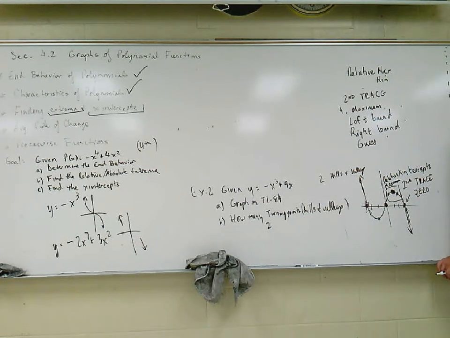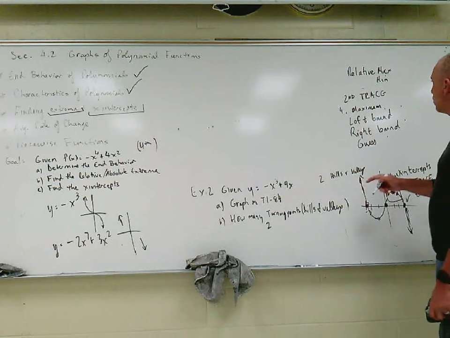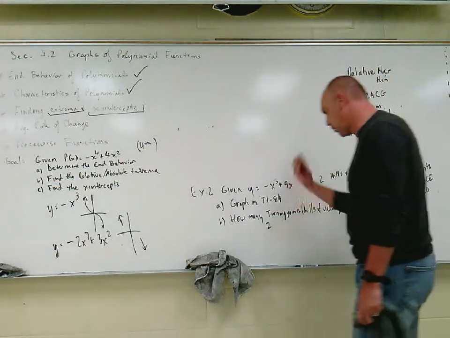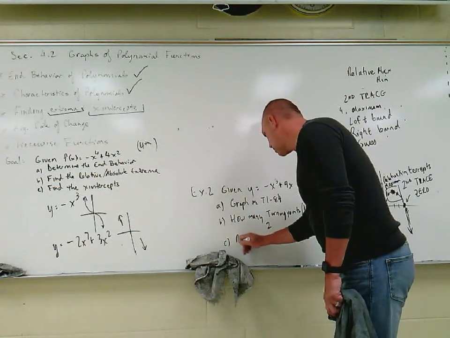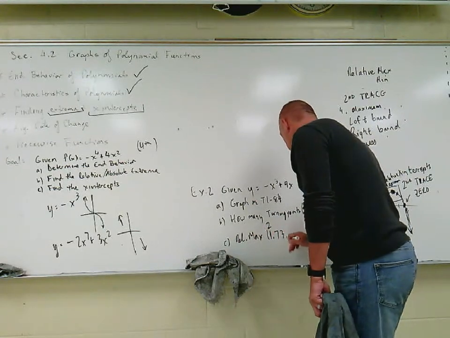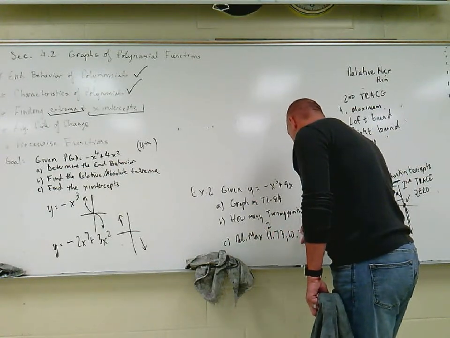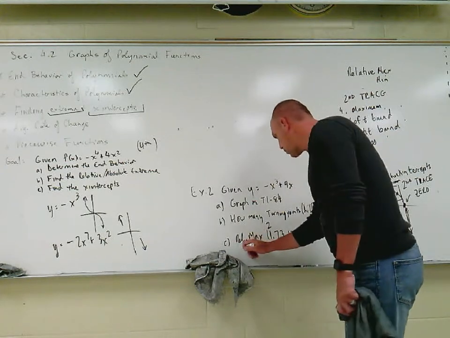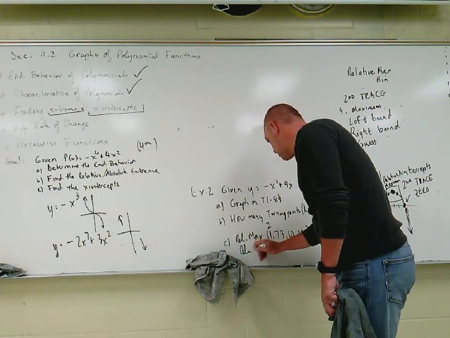So what does it tell us is our maximum? X is 1.73 and Y is 10.39. All right, so now you know the relative max for this one. So the relative max, what'd you say is 1.73, 10 point what? 39. All right, now see if you can find the relative min.